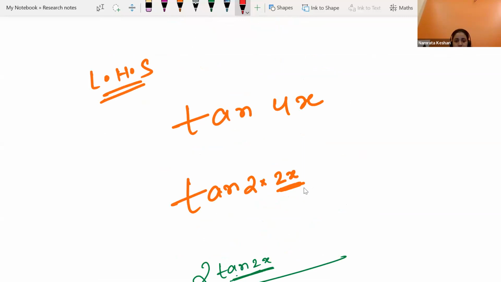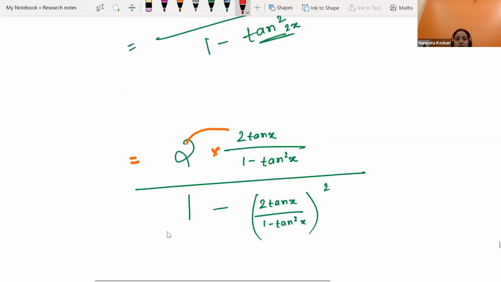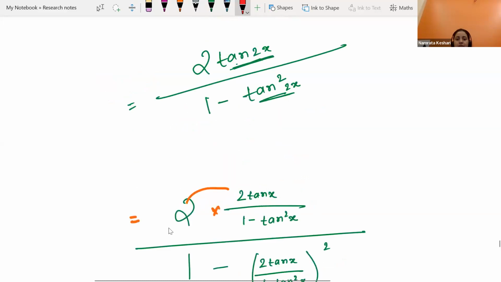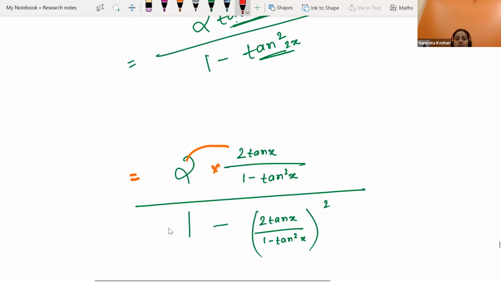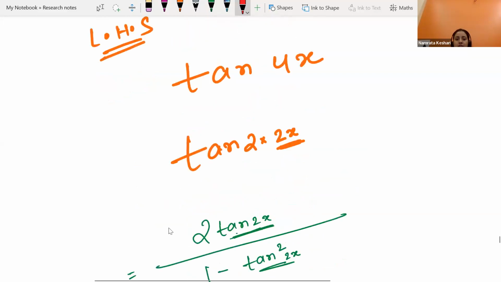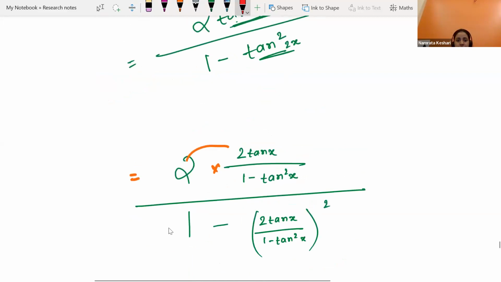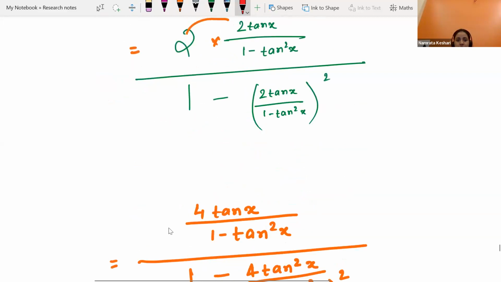Done completely? No, ma'am. The next step. Is it this one? No, above. After that, conversion of 4x into. After this, next step. This is done. Is it okay?